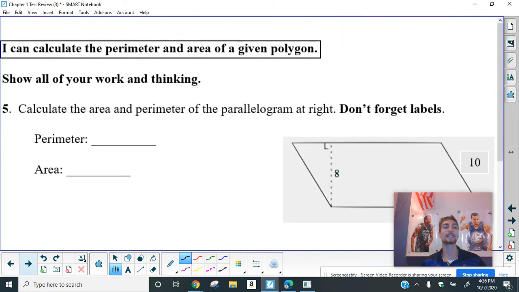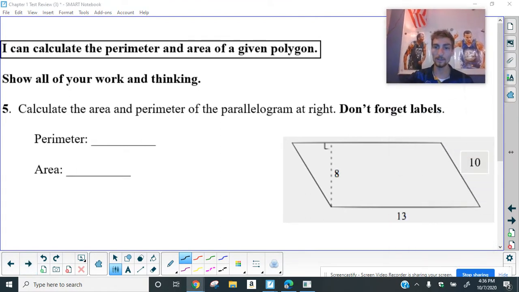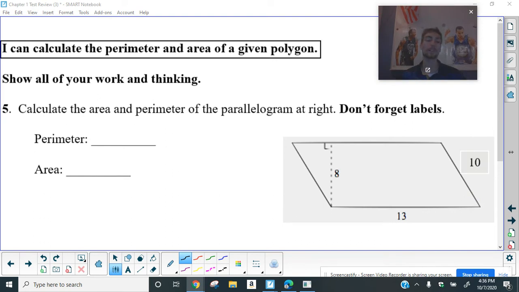All right, now it says I can calculate the perimeter and area of a given polygon. Now, remember, when we look at polygons that are parallelograms, we're looking to solve the same way that we would calculate the area for a rectangle or square. We're going to do the base times the height.